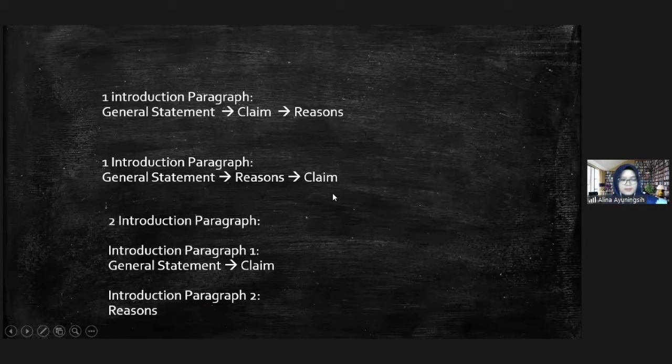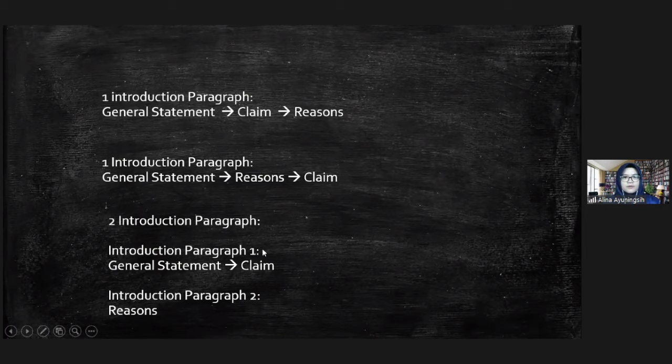Namun, kebanyakan, kalaupun argumentative essay-nya consist of reason, itu biasanya ditulis di separate paragraph yang berbeda.